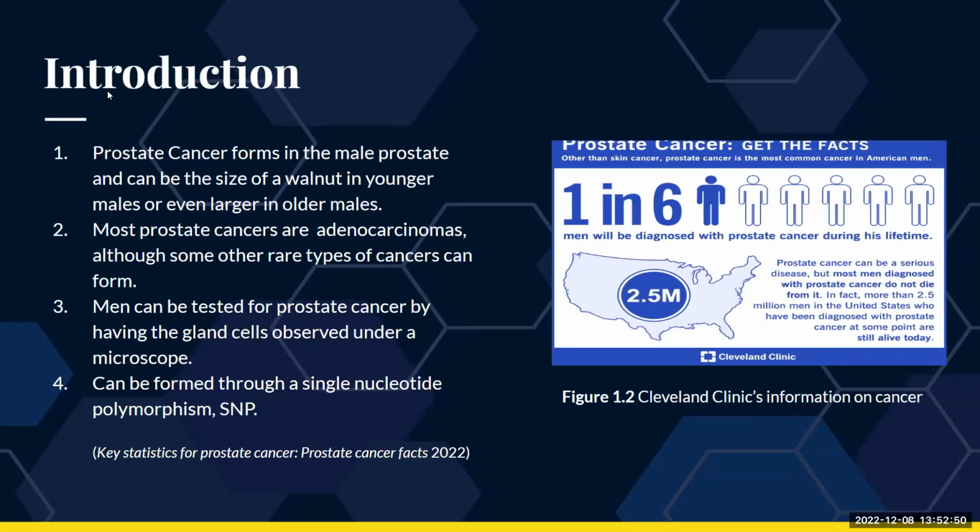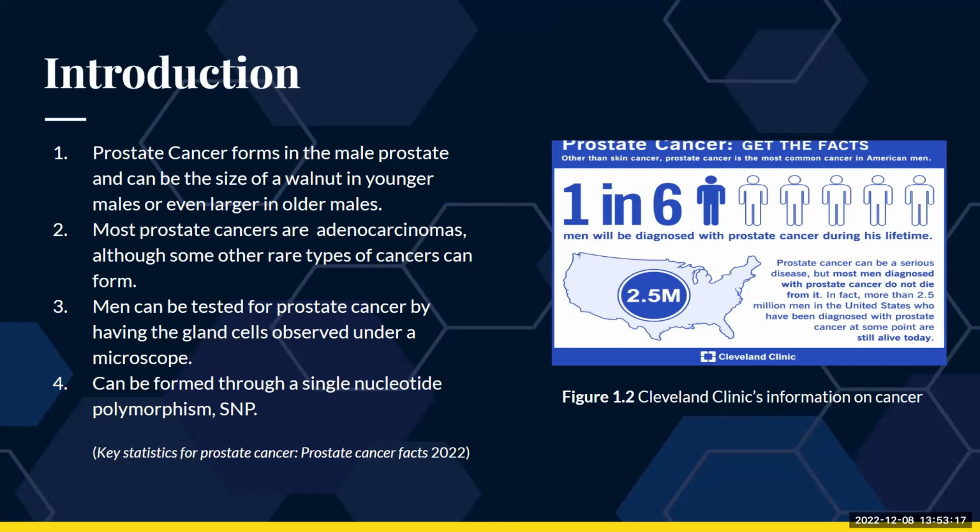For the introduction of prostate cancer, it forms in the male prostate and can be the size of a walnut in younger males or even larger in older males. Most prostate cancers are adenocarcinomas, although some other rare types of cancers can form. Men can be tested for prostate cancer by having the gland cells observed under a microscope, and it can be formed through a single nucleotide polymorphism, otherwise known as SNP.